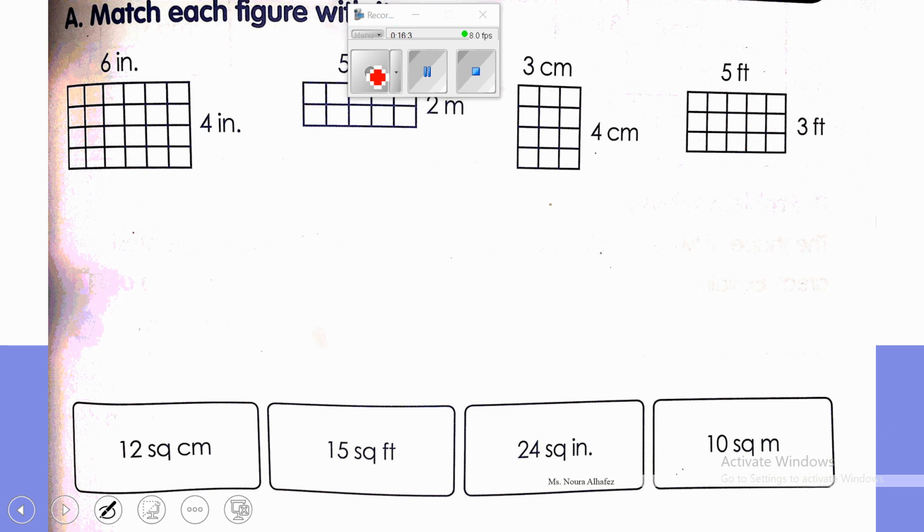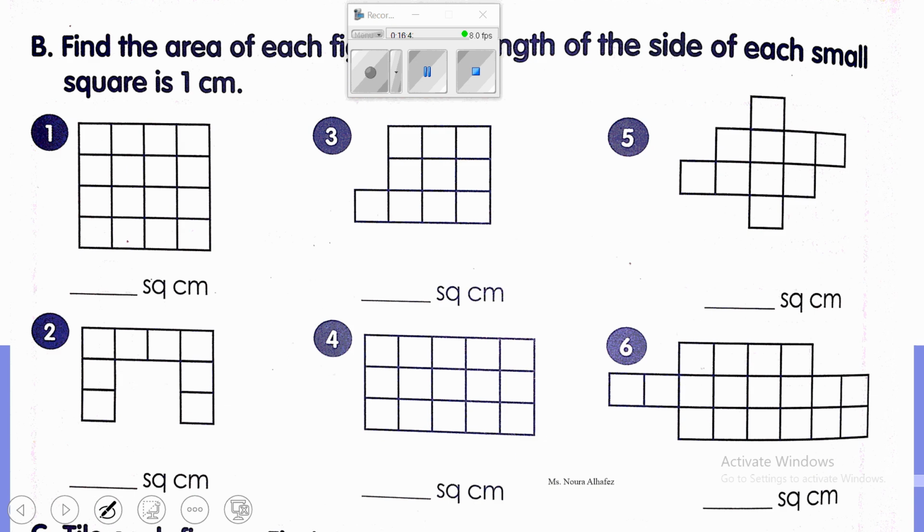Perfect. 24. And 5 times 2. Very nice. 10. 3 times 4. Multiply it and match. Here is the same. You have to count the squares, or you can make it multiplication.